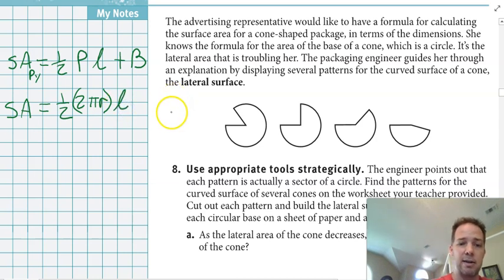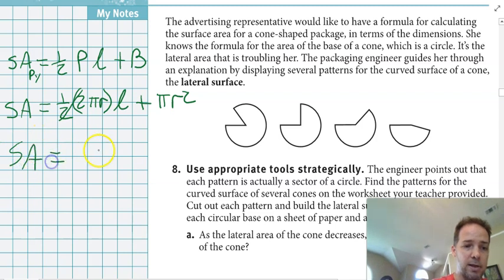It's the height up the side of the cone, so this would be like the lateral height, different from the height that goes through the middle. And then plus B, the area of the base. Well, the area of the base is a circle, so pi r squared. So the 1/2 and the 2 cancel out, and we end up getting the formula that's on the formula chart, pi r l plus pi r squared.